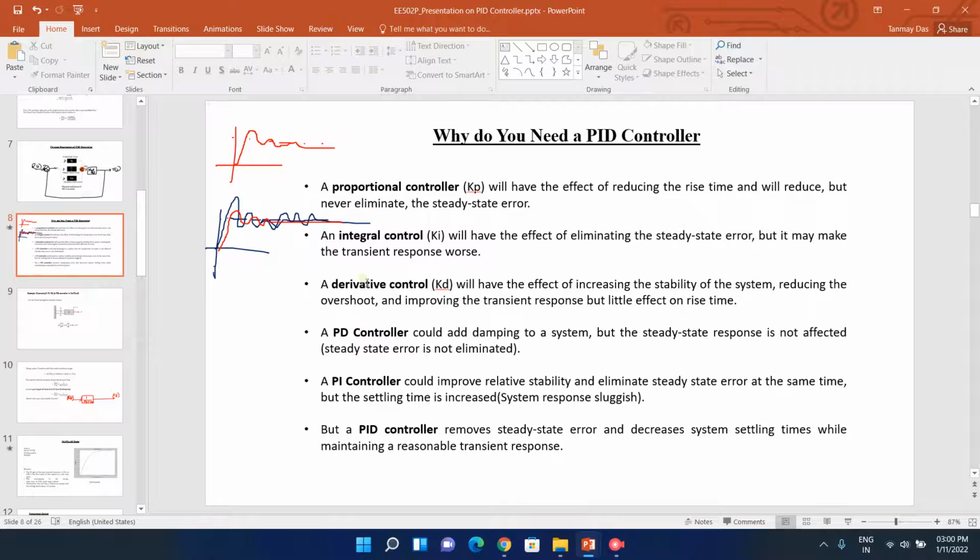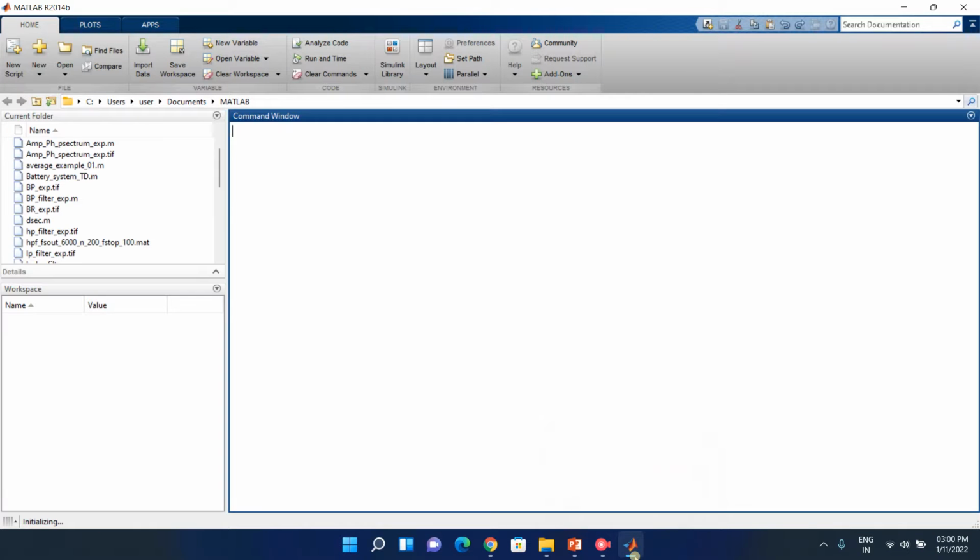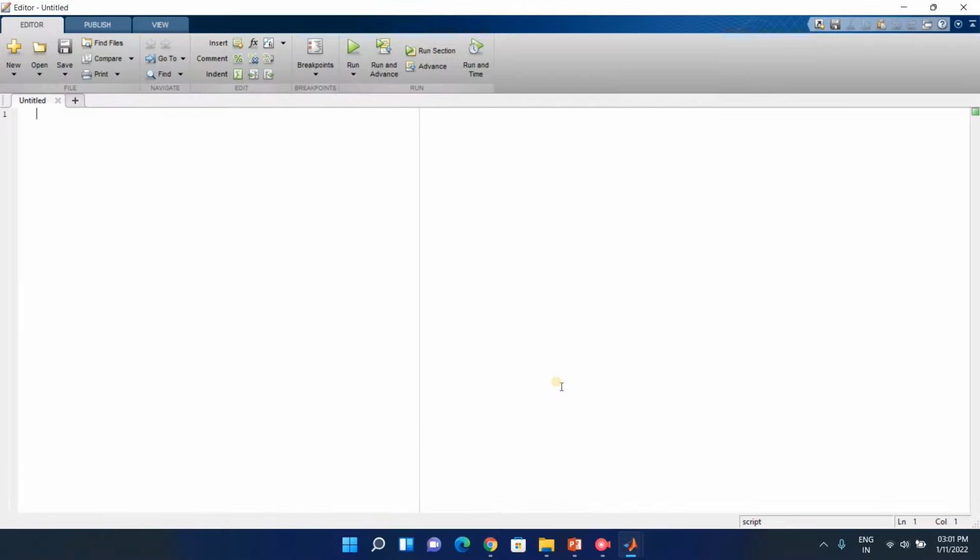Proportional controller is used to decrease the rise time, but steady state error will not be reduced. Integral controller reduces the steady state error. And if you take all of PID together, then the advantage is that you will get a perfect output with steady state error 0 and very little overshoot.